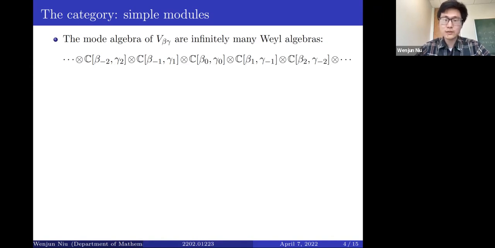From this 3D perspective, you can take any subvariety, which has a structure sheaf, and you can push forward this structure sheaf.